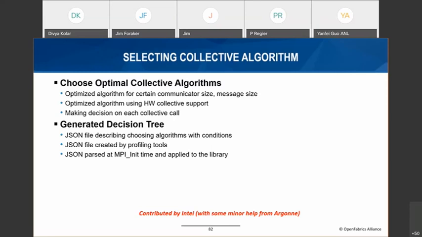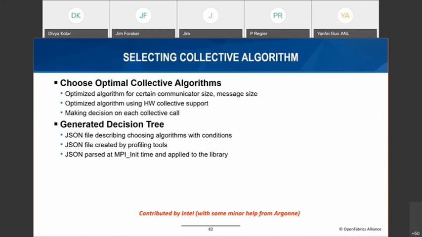And apart from the collective algorithm infrastructure, there's also a collective selection logic that can be customized by the user. Essentially the library reads a configuration from a JSON file.